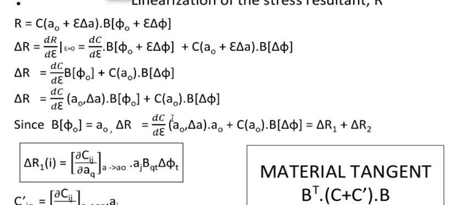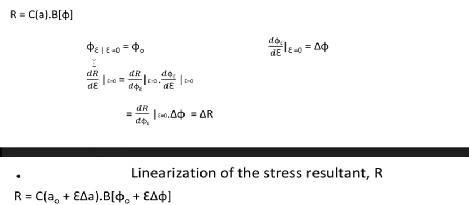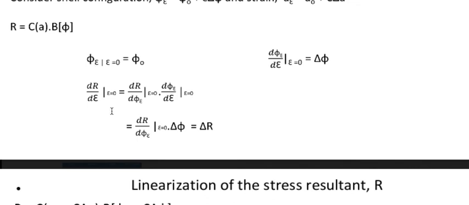This term they have considered, but we are going to consider one more term, corresponding to dC by d epsilon. That means the derivative of C also. So this whole derivation is there to find out that contribution of delta R.